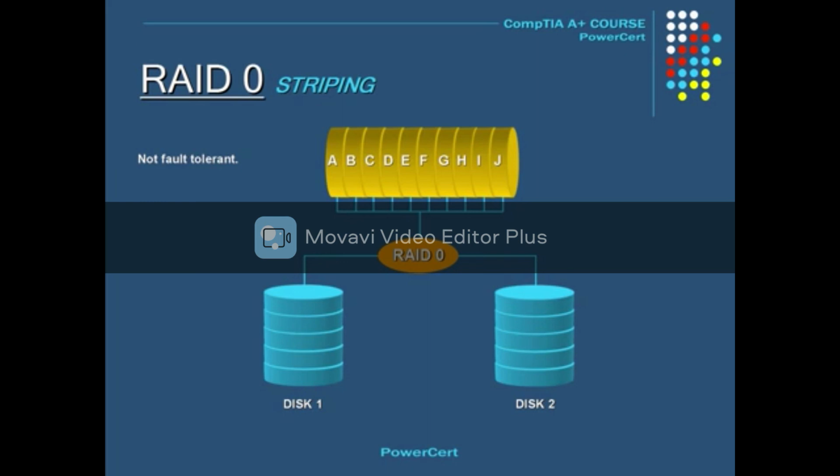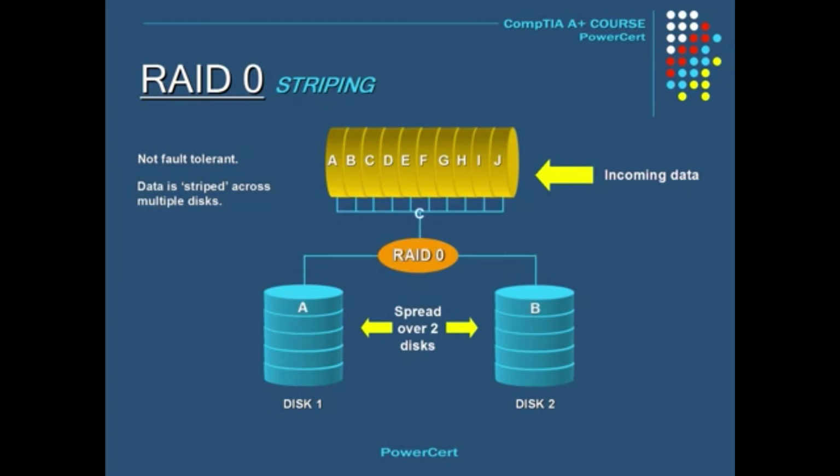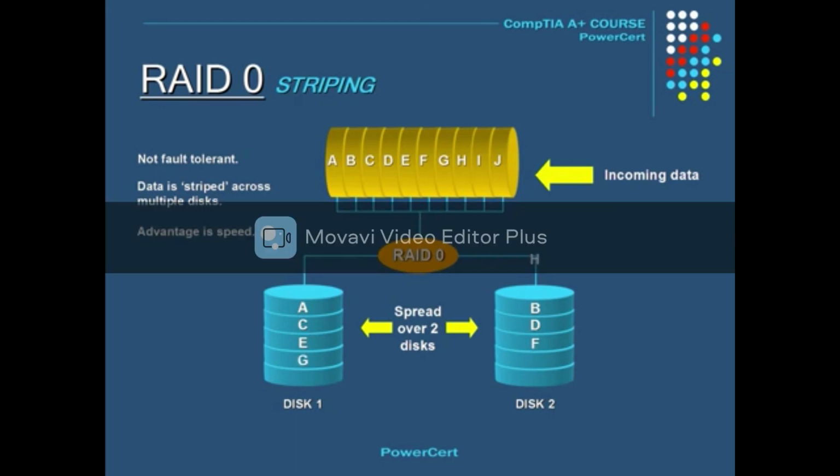Because in a RAID 0, the data is not duplicated, but it's actually spread or striped across two separate disks. So if just one of these disks fails, then all the data would be lost. So the only reason why you would want to use RAID 0 is for speed, because when you have two disk controllers working instead of one, accessing data is much faster.